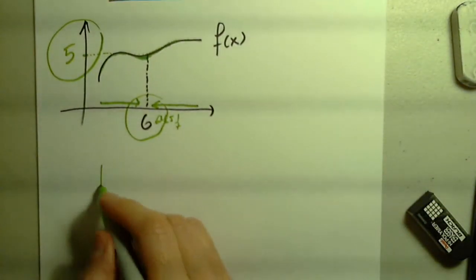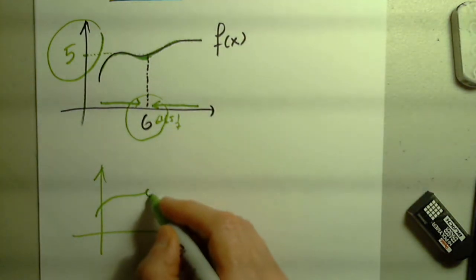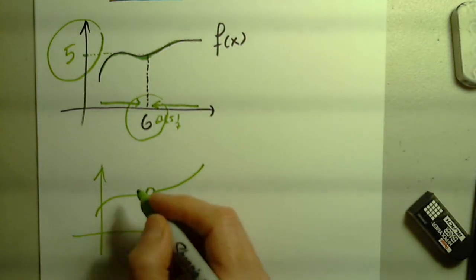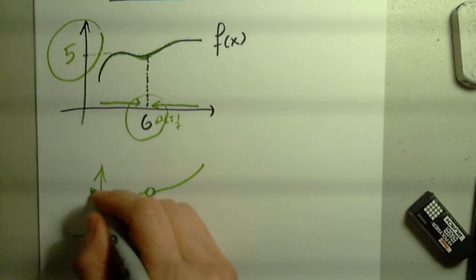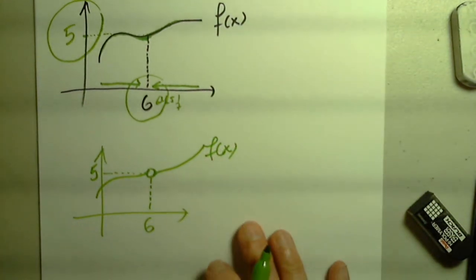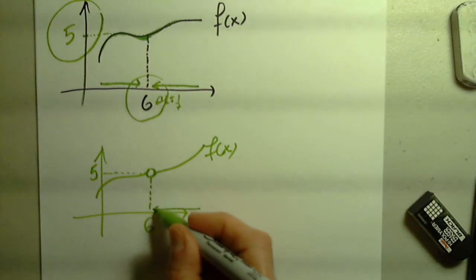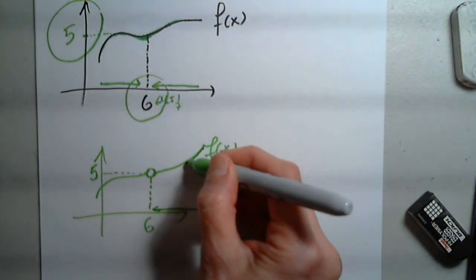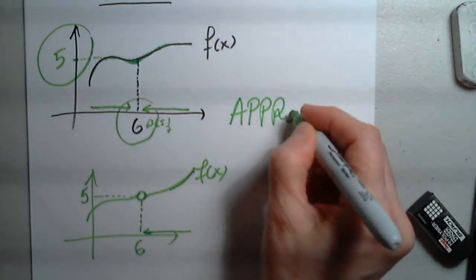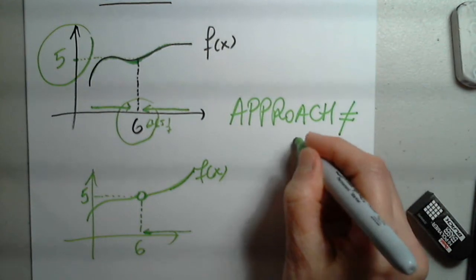Now, stay with me. So here's the same function. The same 6 you gave me, and the same 5 you gave me. And this is our f of x. As x approaches 6 from the right, the function values approach. Approach does not mean equal.